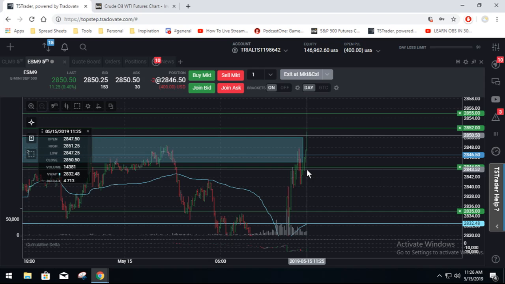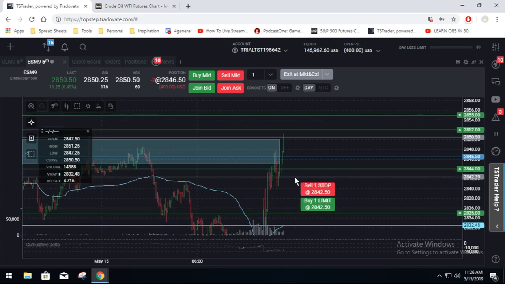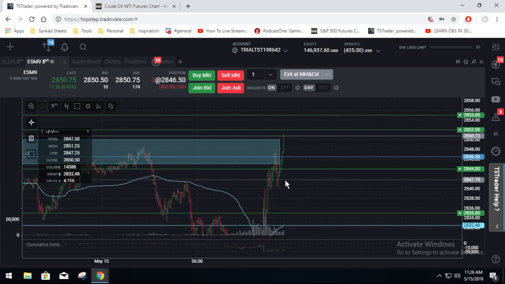Delta just went positive. Paid for missing the entry right here. This is a very big push.